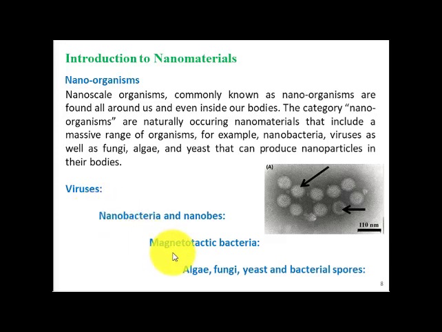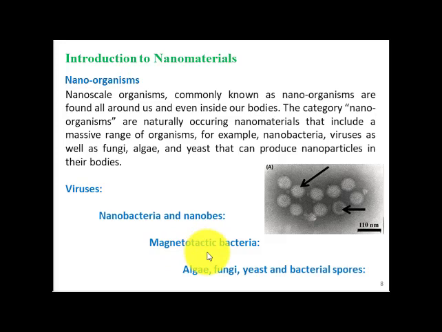The third one are magnetotactic bacteria. Magnetotactic bacteria are highly helpful to produce magnetic oxide nanoparticles that possess unique properties such as supermagnetism, high coercive force, and microconfiguration, which can be utilized for biological separation and in biomedicine field.